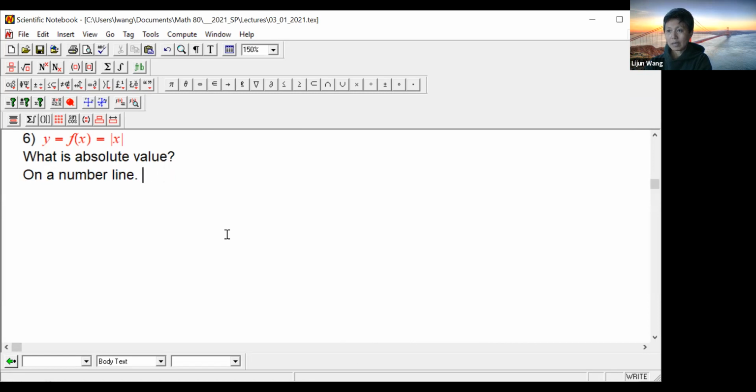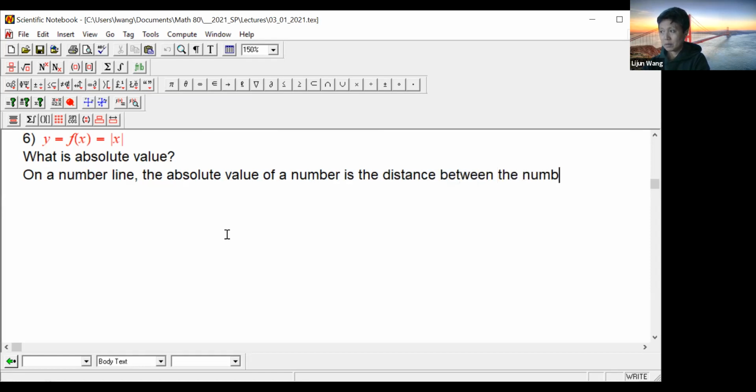The absolute value of a number is the distance between the number and origin.